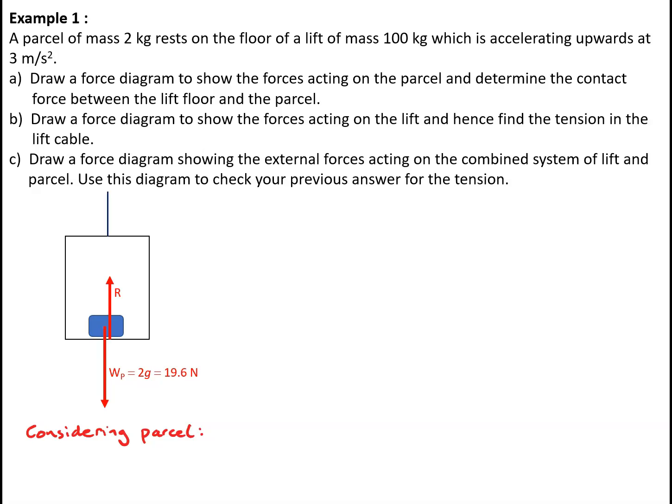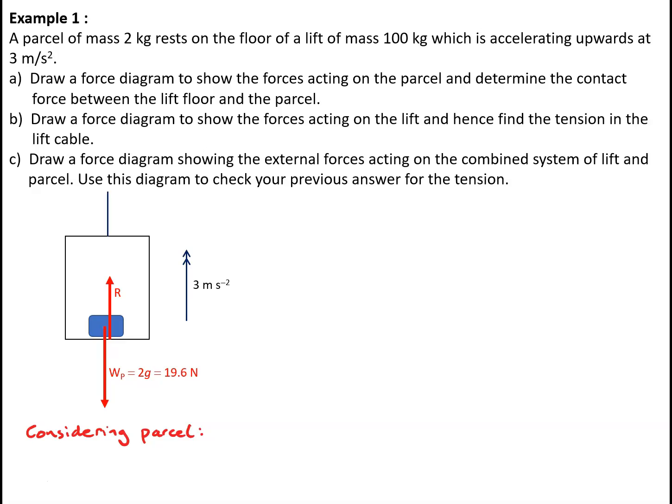So there's our reaction force. We know that the parcel is inside the lift and that the lift is accelerating upwards at 3 meters per second squared, which means that the parcel is accelerating upwards at 3 meters per second squared.